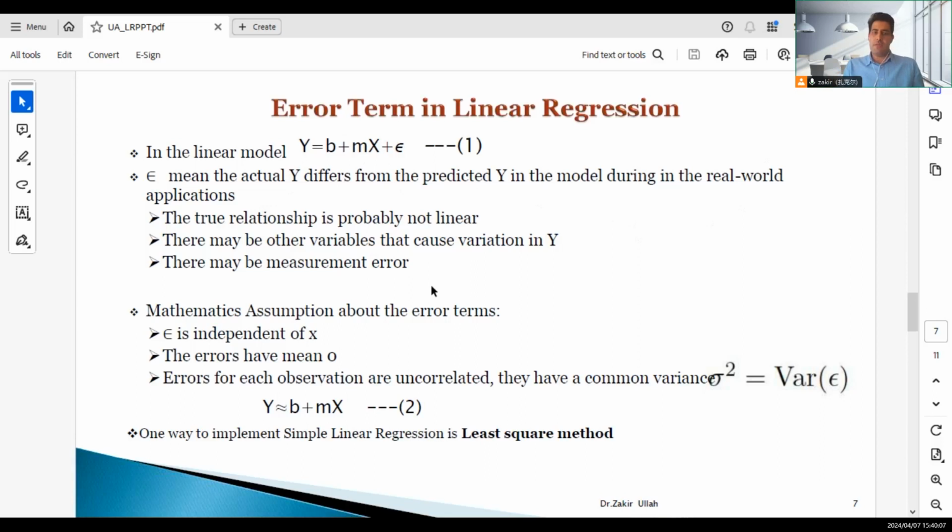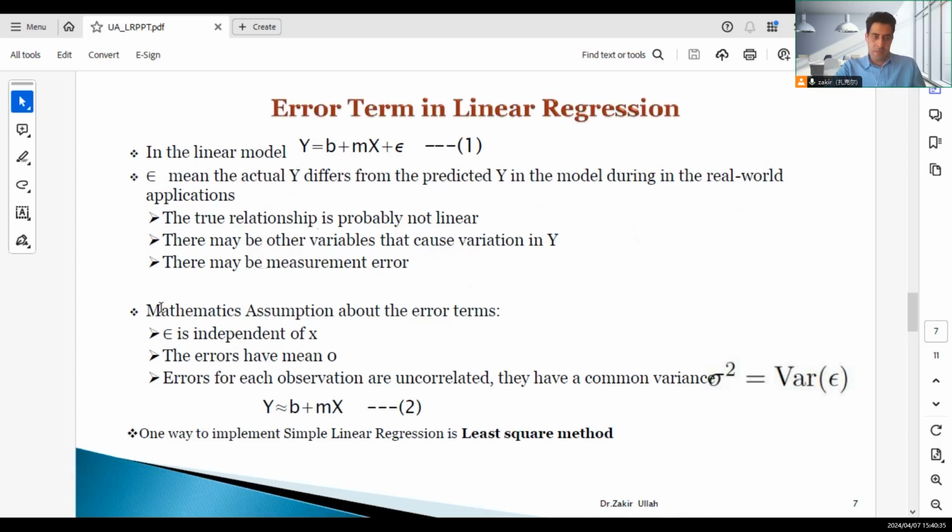In many situations, the predicted value using the developed model would be different from the expected one, and that's because of this error term. The true relationship is probably not linear because of this error term. And there may be other variables that cause variation in y. There may be measurement error, of course.